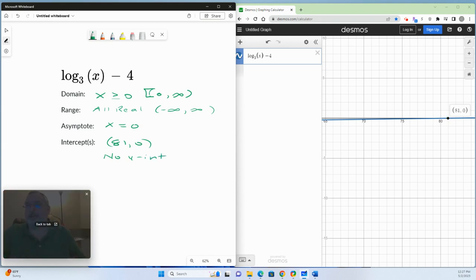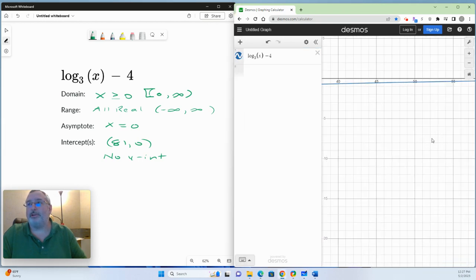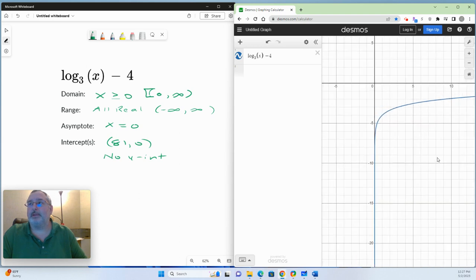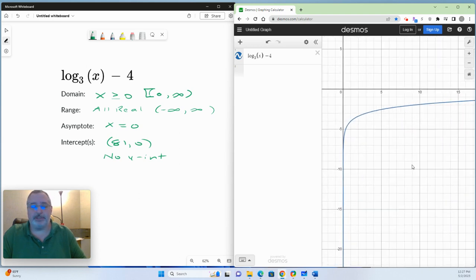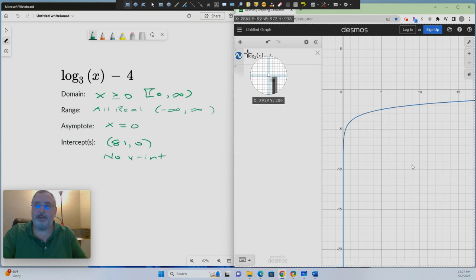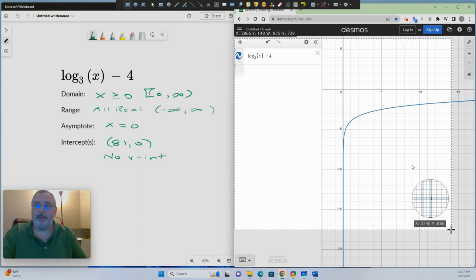So that's basically all you've got to do. And then to include the graph, you're going to take a quick screenshot of this. I have a program that does that for me. So I just hit Control Print Screen, and then I can take a picture of what I want to take a graph of.